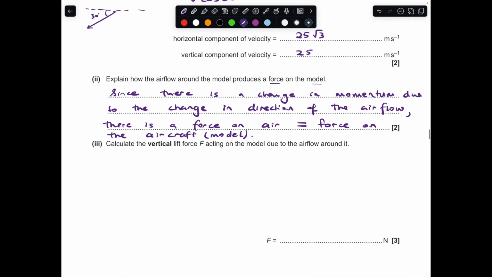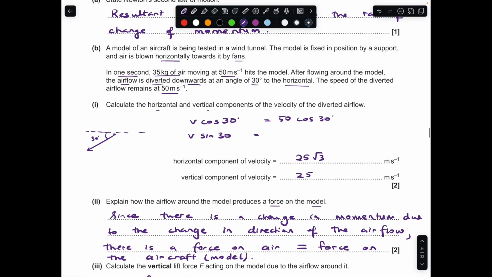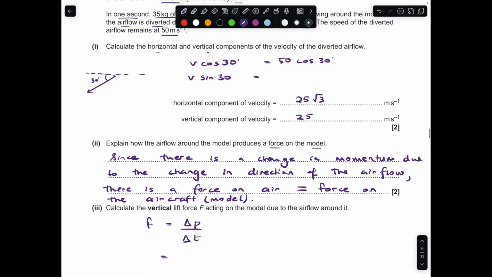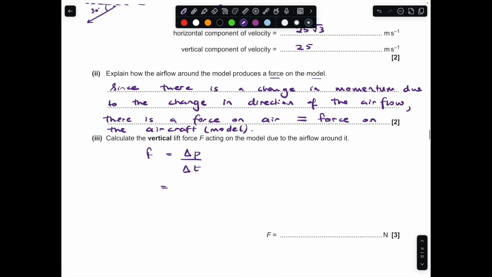For the next part, we have to calculate the vertical lift force acting on the model due to the airflow around it. That would be simply equal to the change in momentum over change in time. The mass of the air per second is 35 kilograms, so m over delta t is equal to 35 kilograms per second.